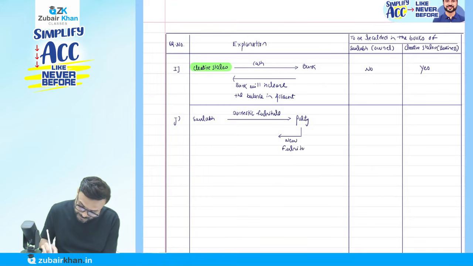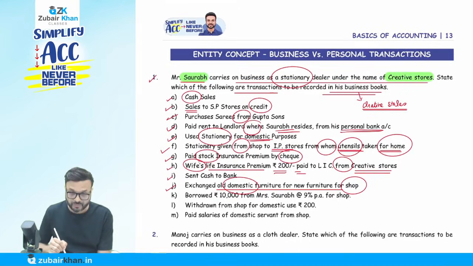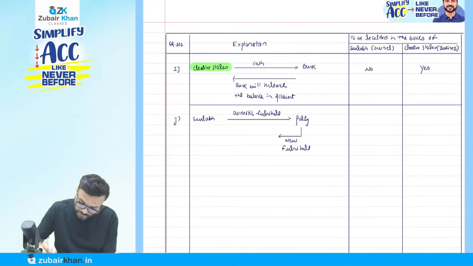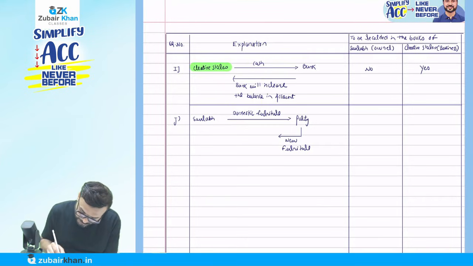But remember that this new furniture is not received by the business. Read carefully: exchange of old domestic furniture for new furniture for what? Shop. So the new furniture is for the shop. New furniture is going to be received by the shop, Creative Stores.